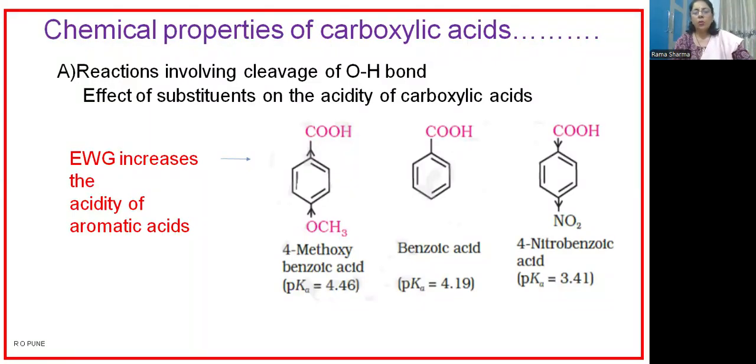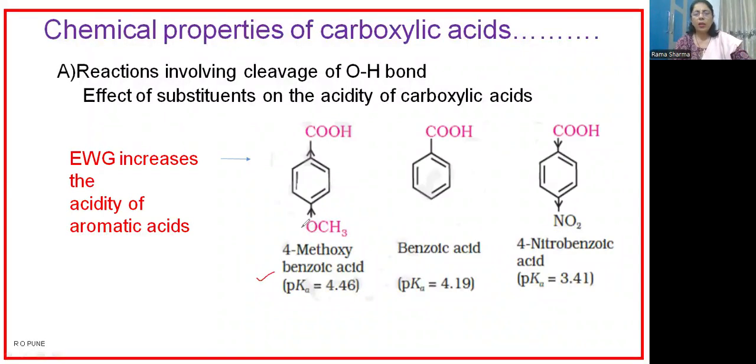Let us talk more about the EWG, the electron withdrawing group attached to the aromatic ring, which increases the acidic nature. If we look at the pKa values, for nitrobenzoic acid the value is 3.1, for benzoic acid it is 4.19, and for methoxybenzoic acid it is 4.46.